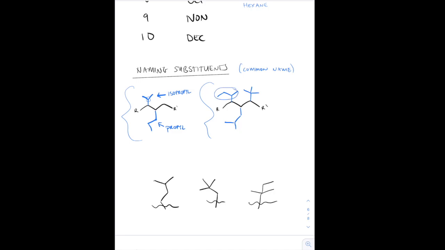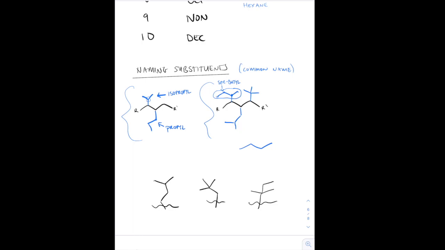Now we also have this particular group right here, which is called a sec-butyl group. Sec-butyl: butyl because it has 1, 2, 3, 4 carbons, and sec because if we're looking at just the substituent, just this portion right here, this carbon is a secondary carbon.